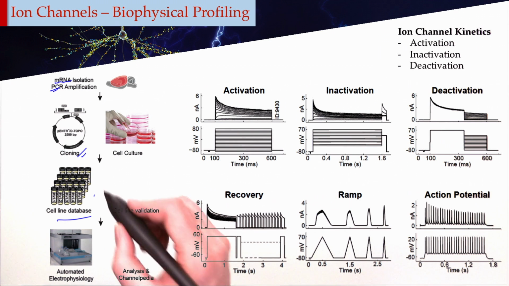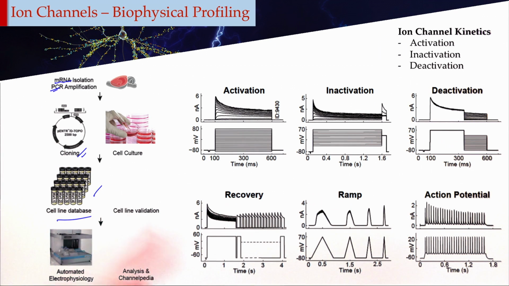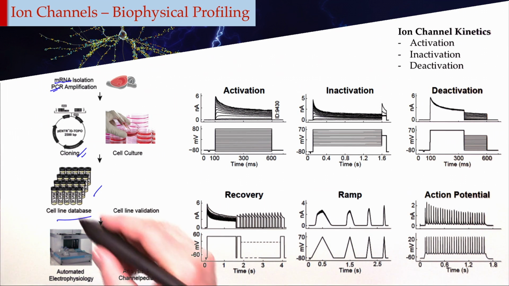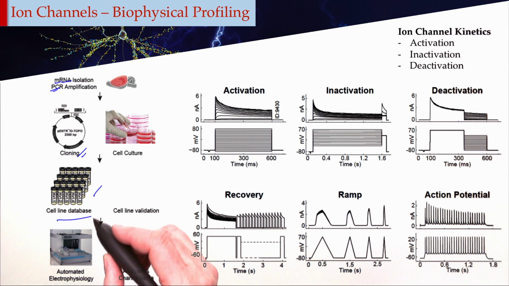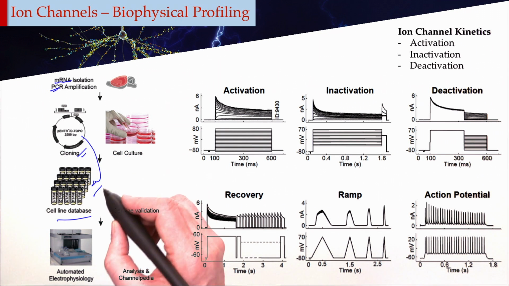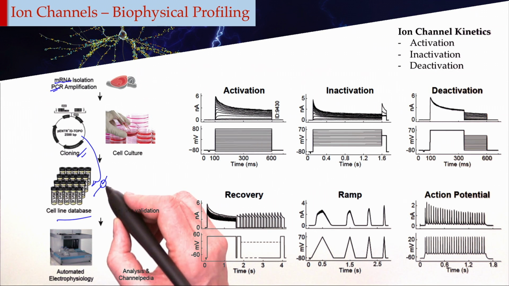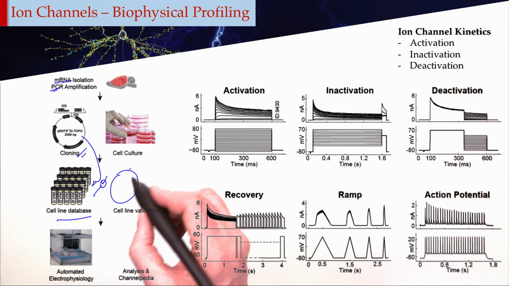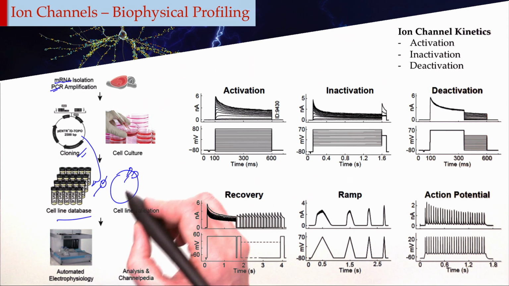So you produce cell lines like Chinese hamster ovary cell lines, or HEK cell lines, or different cell lines that you can use, and then you can inject the ion channel gene into these cells, and then they express the channel on the membrane.